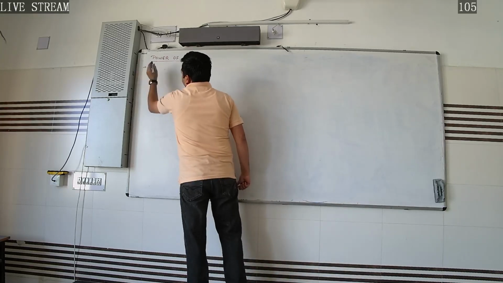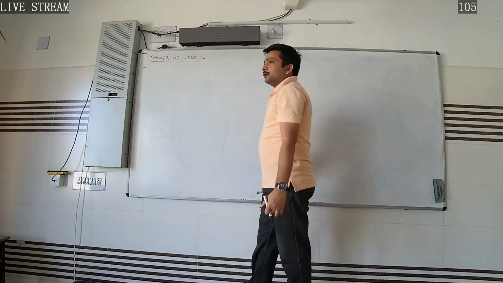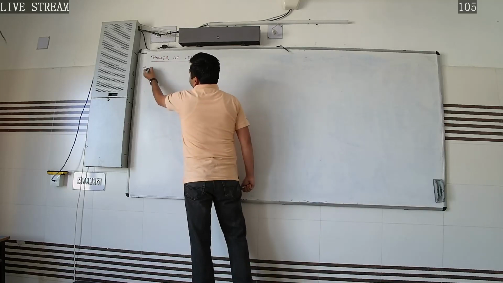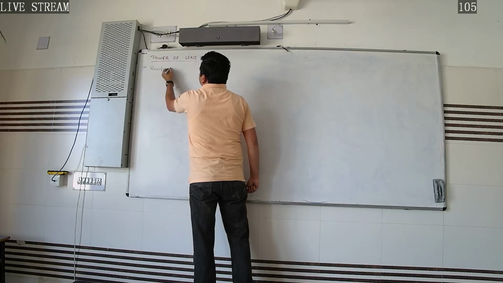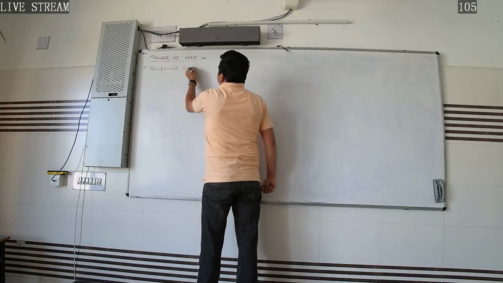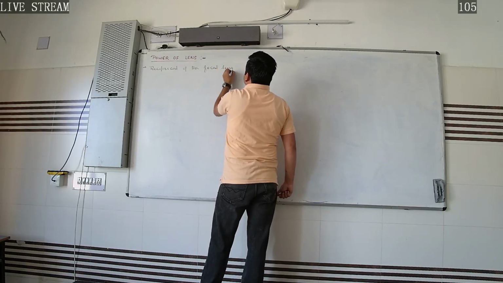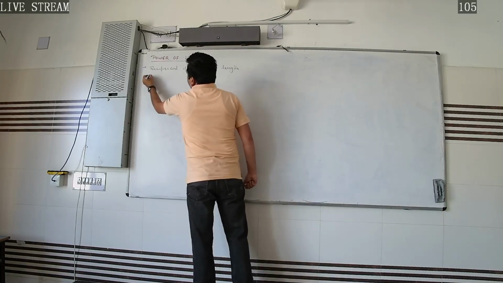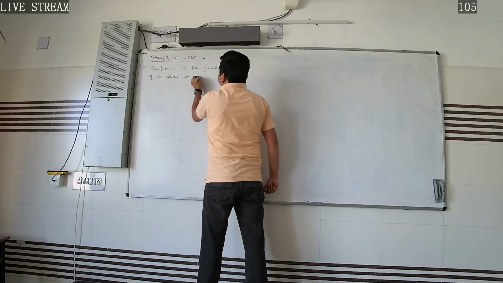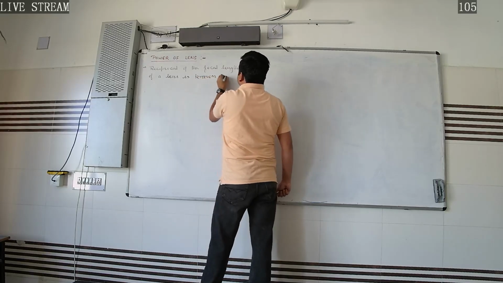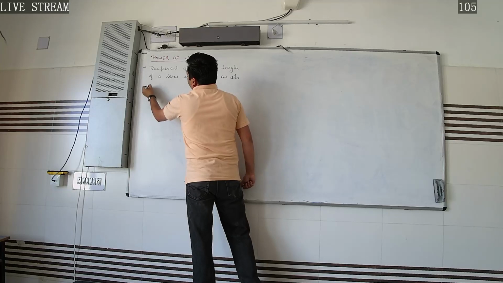Power of lens can be defined in two ways. As according to the 10th class, we have studied that the reciprocal of the focal length of a lens is known as its power.